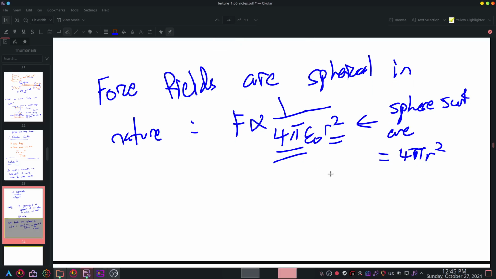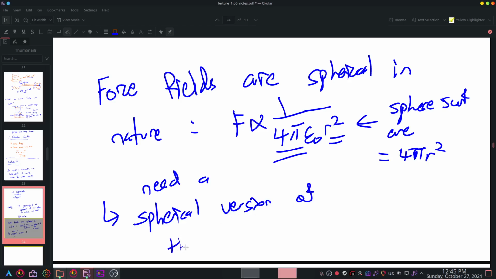I don't really want to do the math right here. I'm just saying that these force fields are spherical in nature, therefore we need a spherical version of the sine wave.